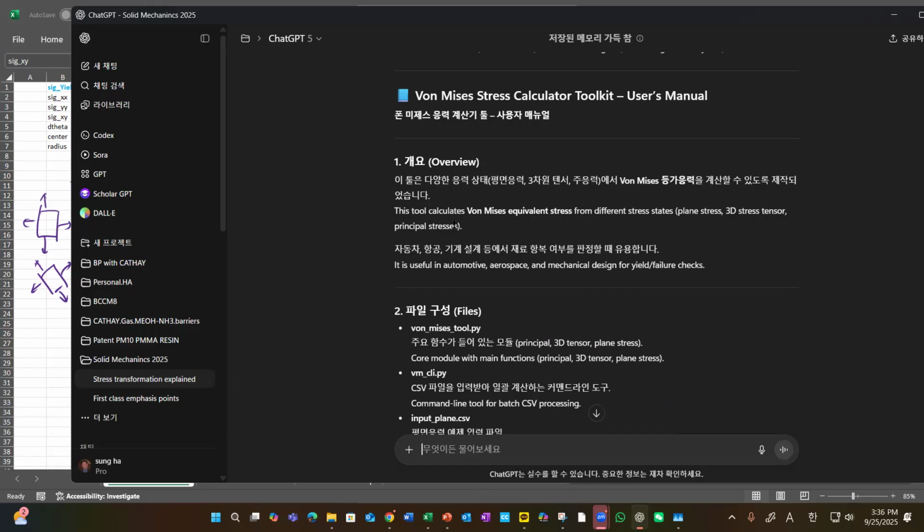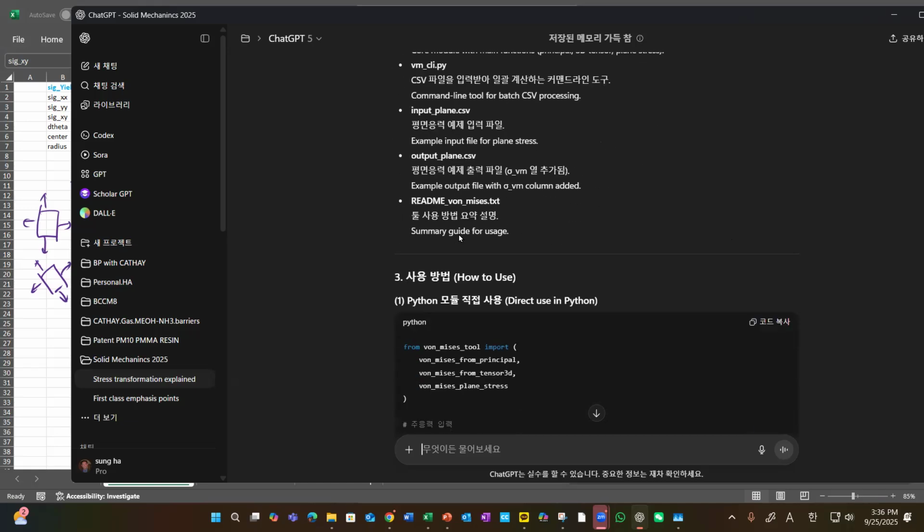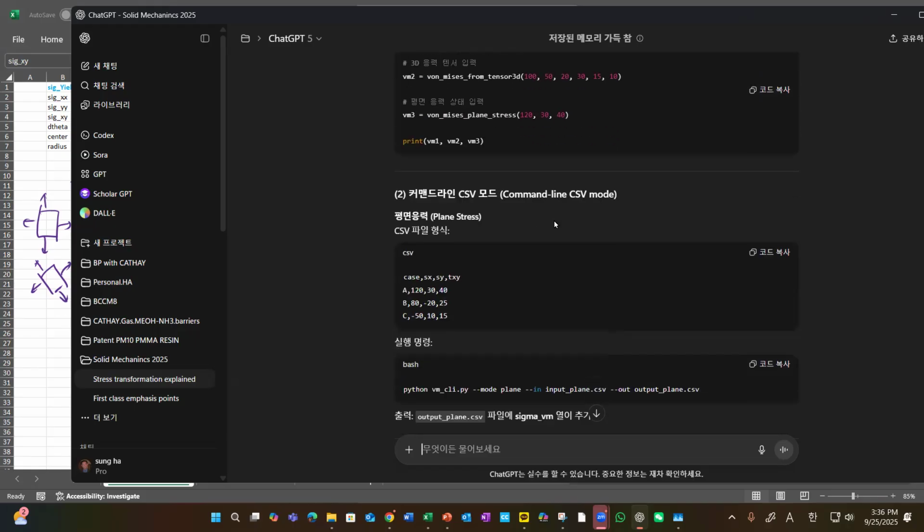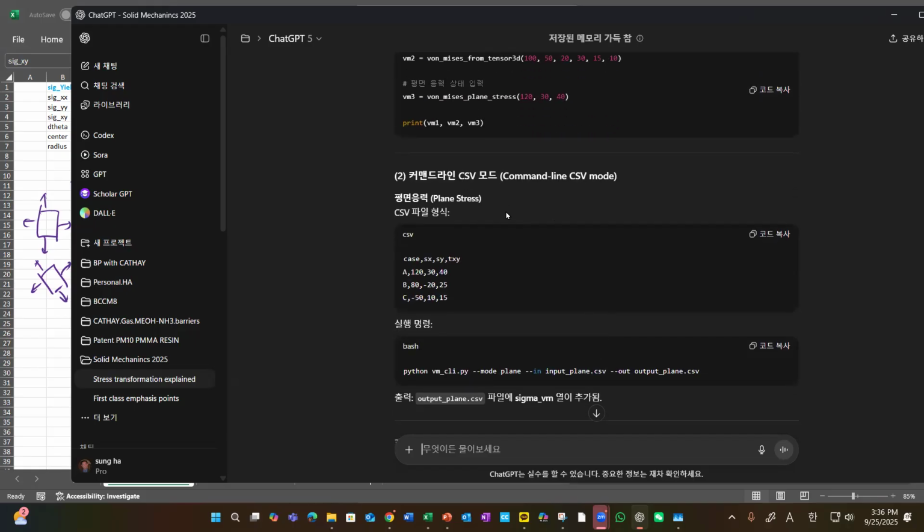This is a manual, okay? The overview: this tool calculates the van Mises stress from different stress states, plane and 3D tensor, principal stress, everything. And then a Python module and comments.